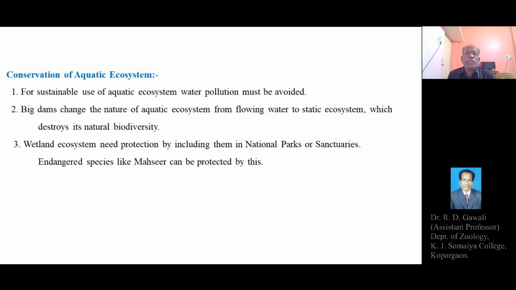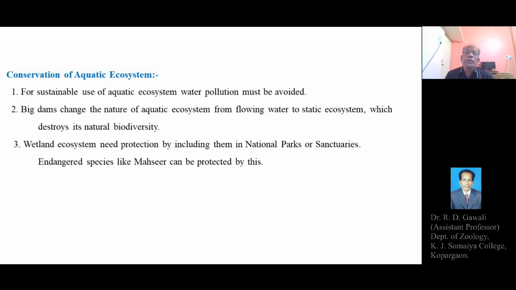Then endangered species like mahseer can be protected due to the implementation of some strict laws or rules, and some ecosystems, maybe the forest ecosystem, aquatic ecosystems or wetland ecosystems, can be protected by laws, and there should be strict implementation of the rules and regulations.